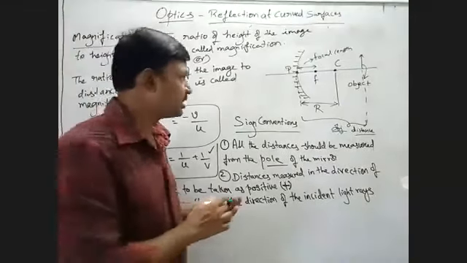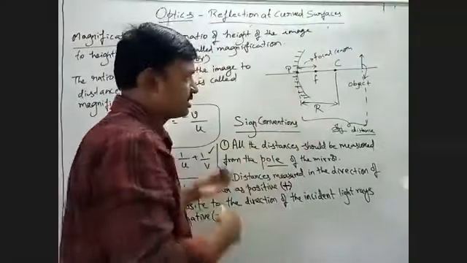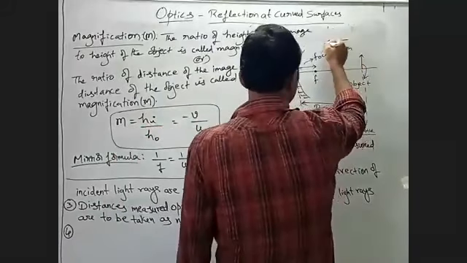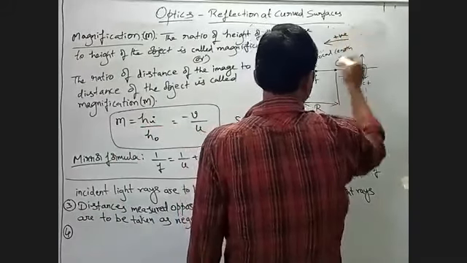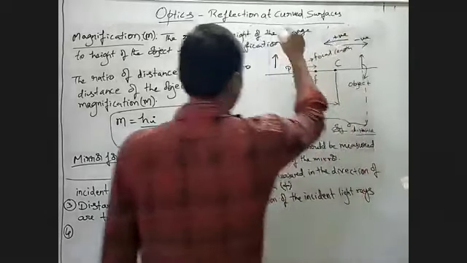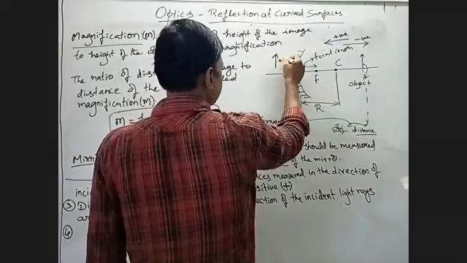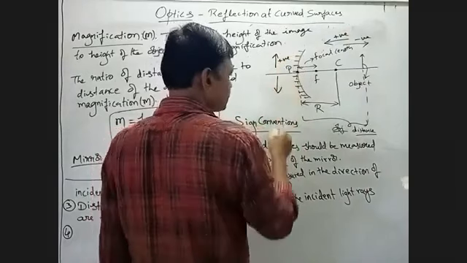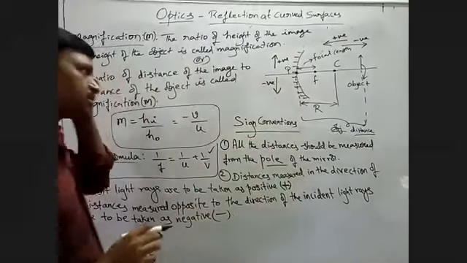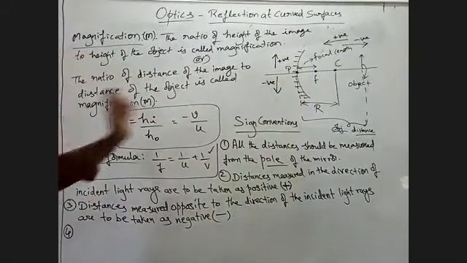Heights measured above the principal axis. So this is positive, and the distances measured in the opposite direction are taken negative. The distances measured like this are to be taken as negative. So simply all the distances are to be measured.